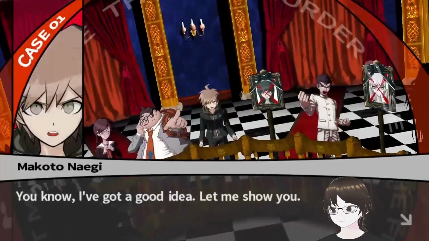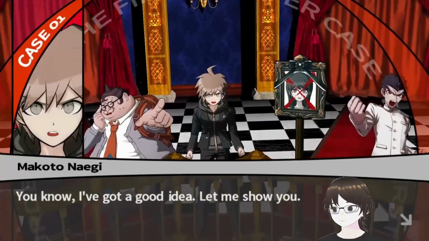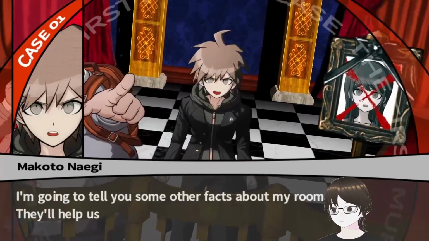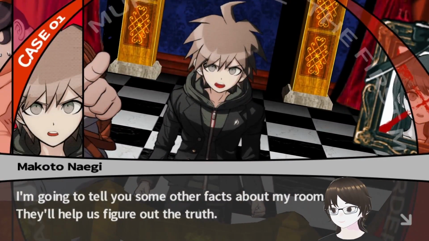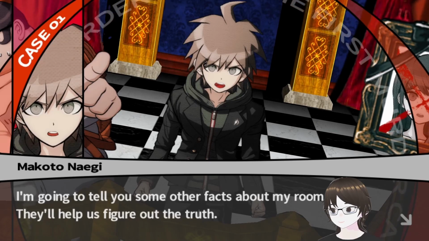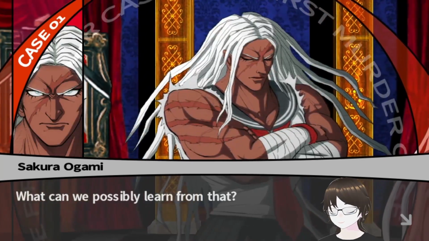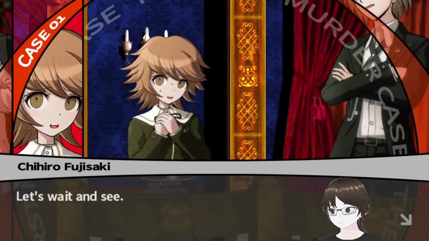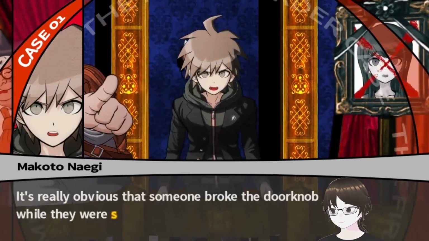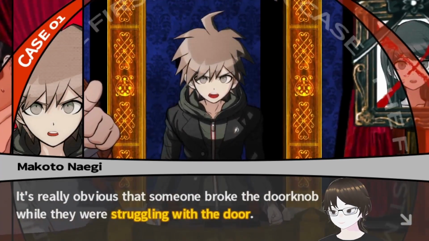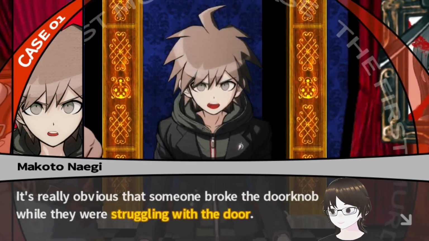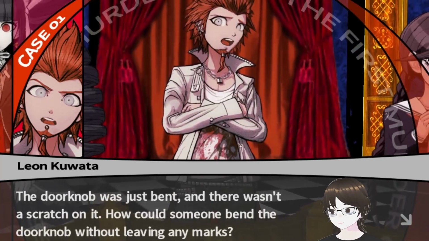You know, I've got a good idea. Let me show you. I'm going to tell you some other facts about my room. They'll help us figure out the truth. What can we possibly learn from that? Let's wait and see. It's really obvious that someone broke the doorknob while they were struggling with the door. True. The doorknob was just bent, and there wasn't a scratch on it.